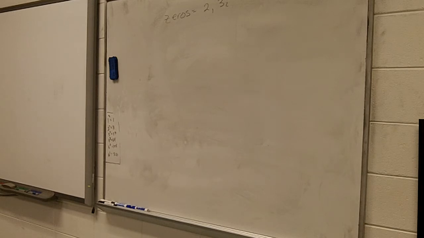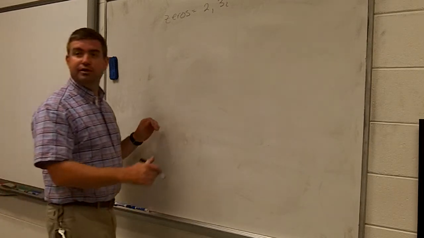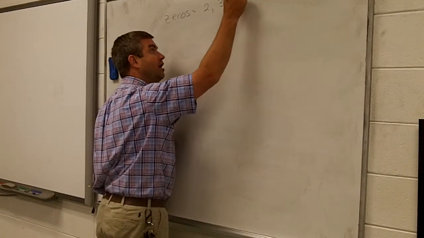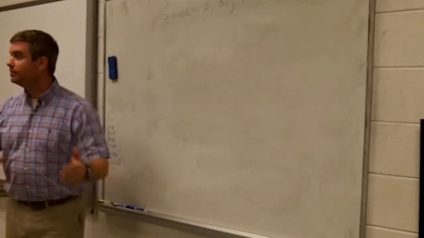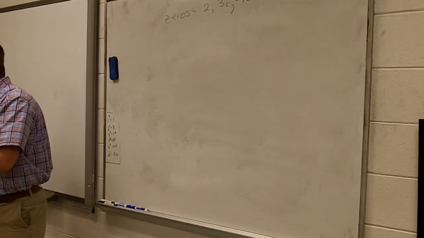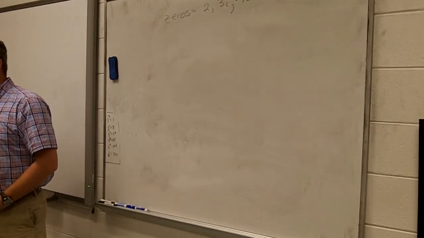Say that again. There has to be a -3. If they only gave you 2 and 3i, you have to be smart enough to say, no, no, no, those aren't all the roots. There is another root of -3i. If 3i is a root, the conjugate of that, -3i, also has to be a root.